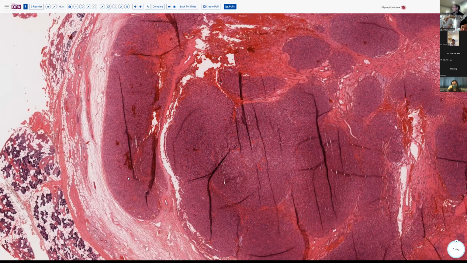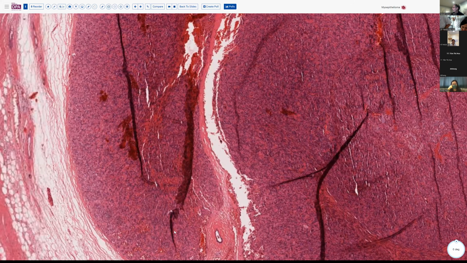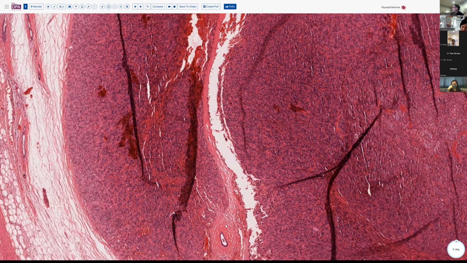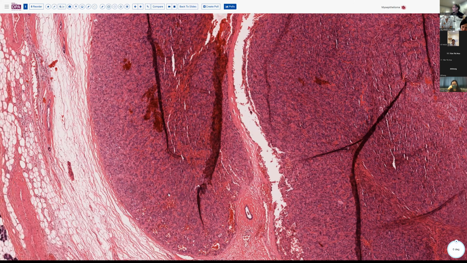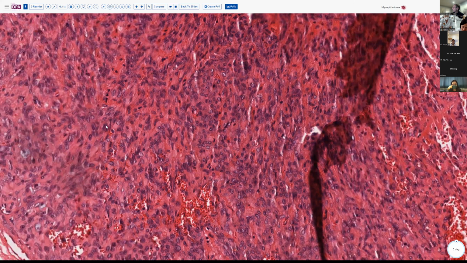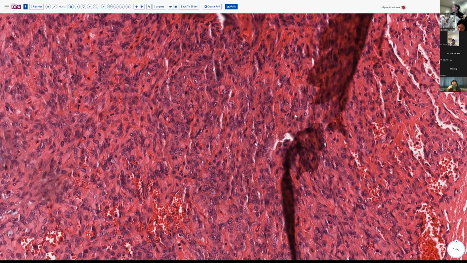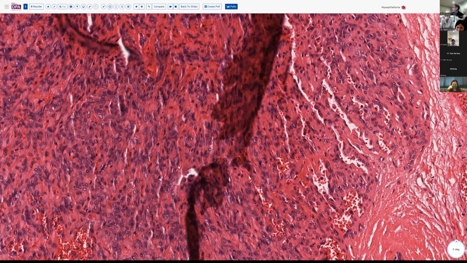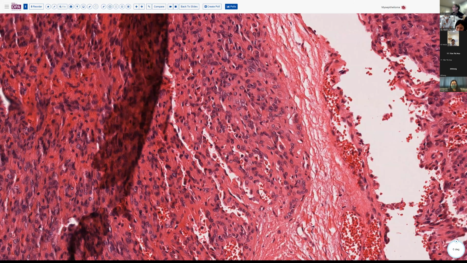And as we come into higher magnification, you'll see there are a few rare epithelial elements here associated with it, but most of it is this pure proliferation of slightly spindleish epithelioid type cells, streaming, a little bit of nesting, maybe a little bit of vascularity type of change, a little bit of mucoid, myxoid change here. And you can see this might be confused for an endothelial type lesion or something of that sort.